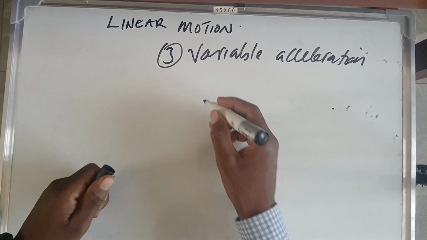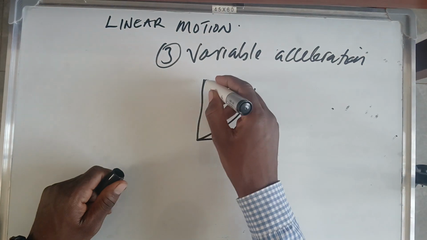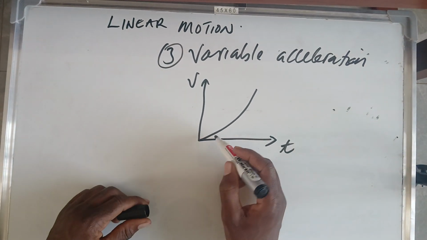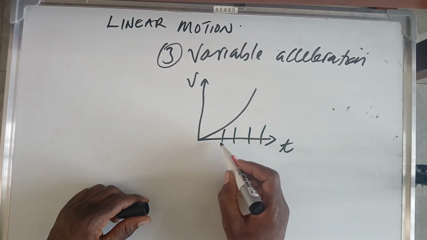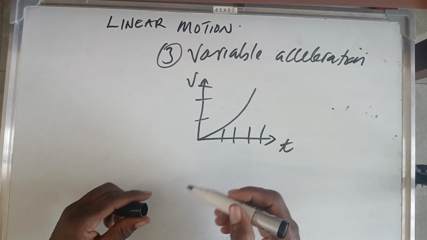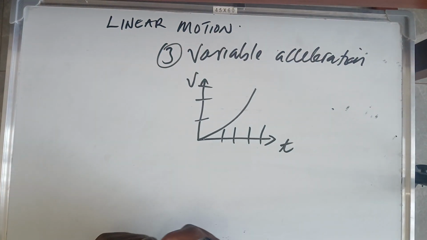One example that we can give in a graphic representation is this, where you have velocity and here you have time. Let's say that velocity changes in big intervals, which will make the line not to be straight.